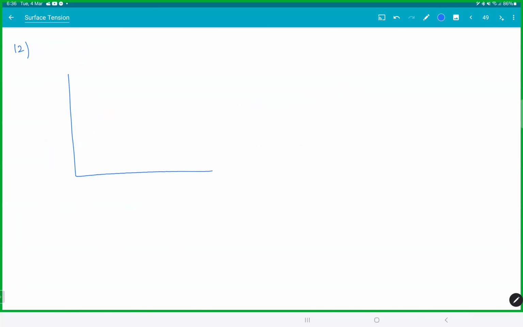We have a U-shaped pipe here. This radius is R1. This radius is R2. S is the surface tension.